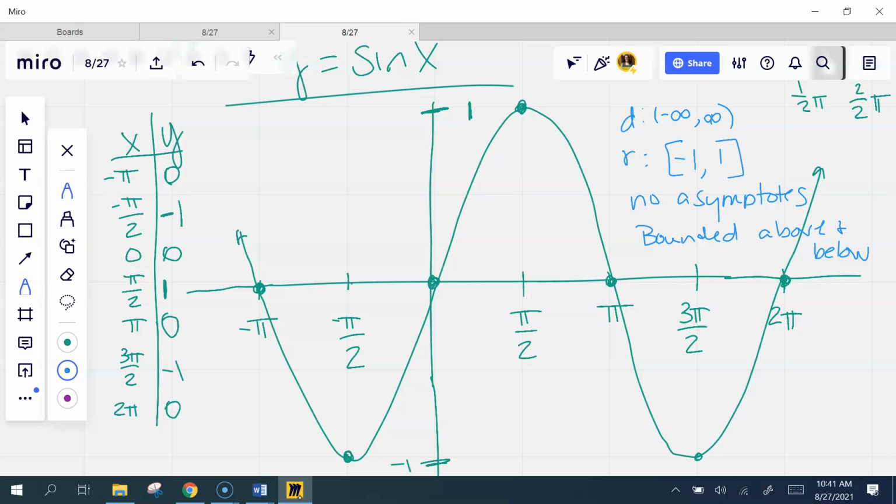Let's think about this for just a second. Remember how we put a negative in for the x? Okay, so you don't know a lot about sine properties, but if I did the sine of negative x, so let's look. If I had the sine of pi, is it the same thing as the sine of negative pi? How about negative pi over 2 and positive pi over 2? What happens there? Those are opposite.